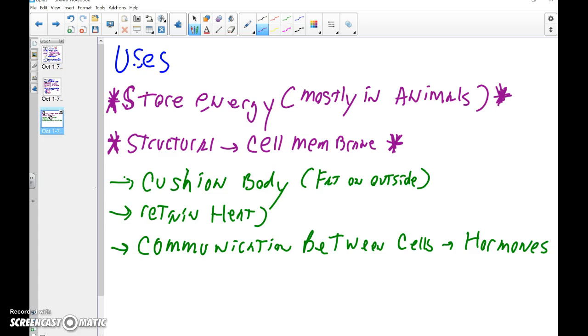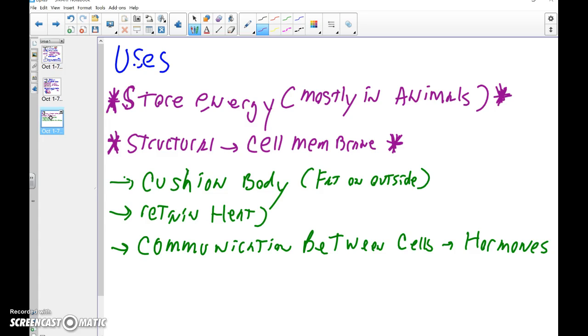Now, the primary use of lipids is to store energy. Now, this is really important. Carbohydrates are primarily how you get energy. All right, that's how you get energy. That's where you find energy when you want to use it. But when you take in excess energy and you're not going to use it and you want to save it for later, for an emergency, in case you can't find food, you store it as lipids.